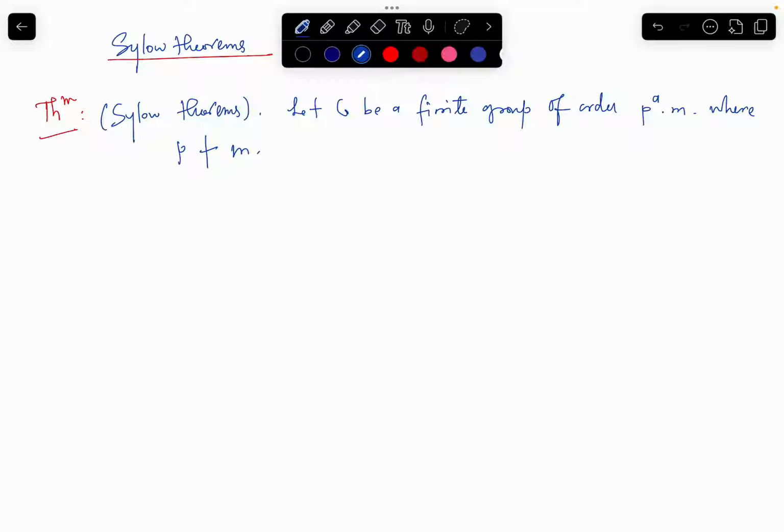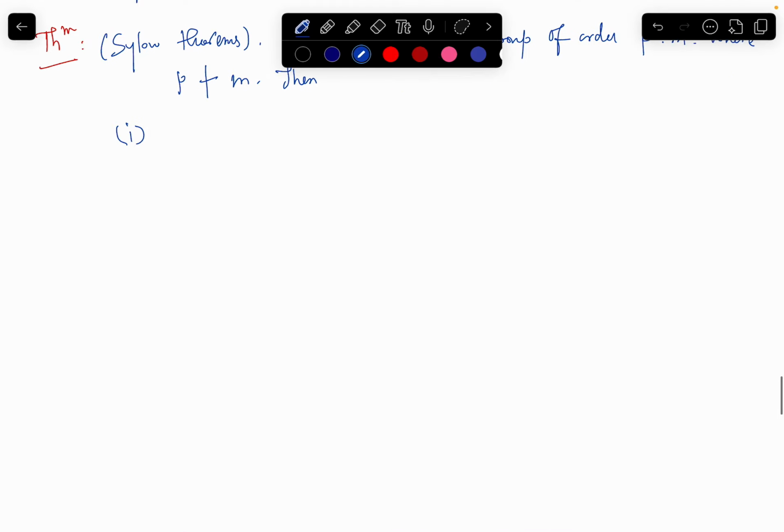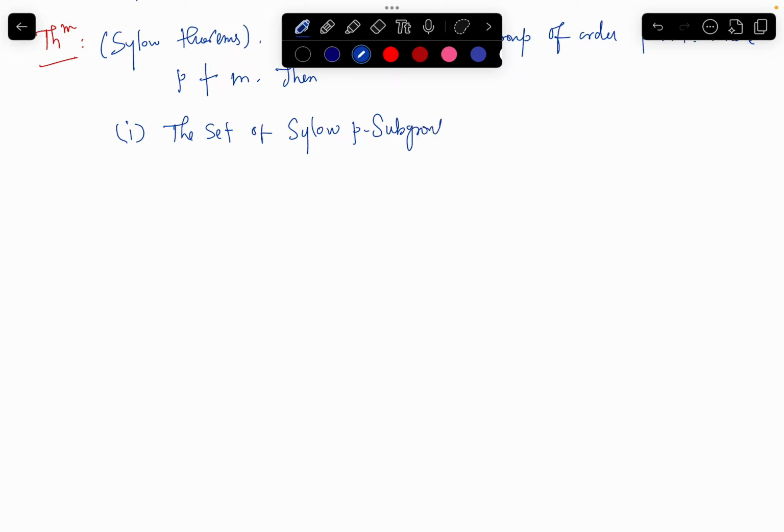That means a is the largest power of p such that p divides the order of G. Then number one is that the set of Sylow p subgroups, so that means you collect all the Sylow p subgroups of G. So this is the set.